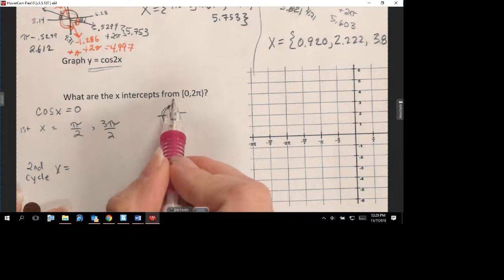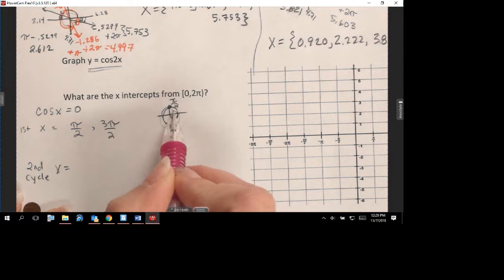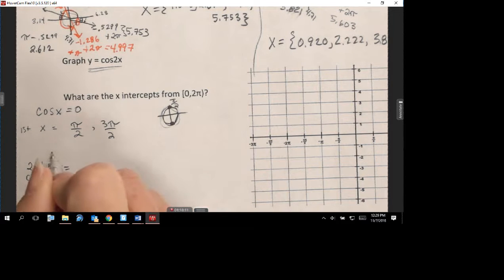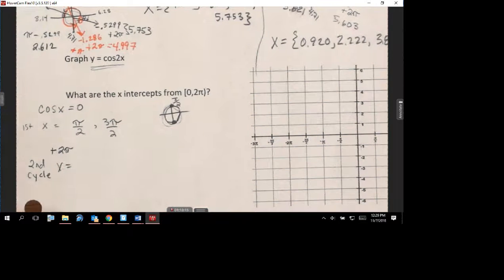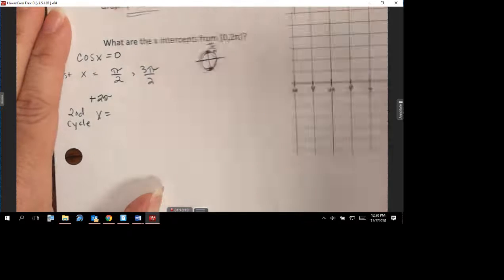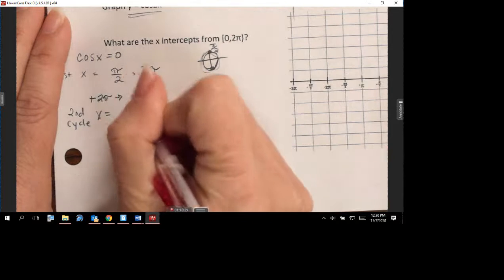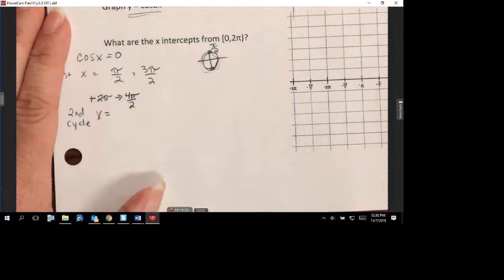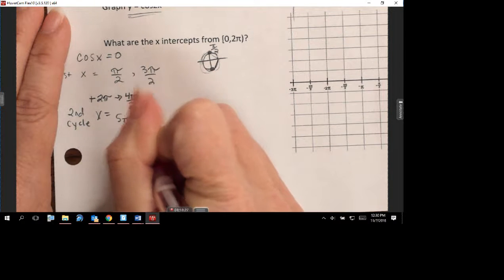What do I add to pi over 2 to make it go all the way around the second time? We add 2 pi on. So for the second cycle I'm going to add 2 pi onto pi over 2. However, to add it when it's a fraction, we have to change this so it has a common denominator. So that would actually be 4 pi over 2. So 4 pi over 2 plus pi over 2 is 5 pi over 2.